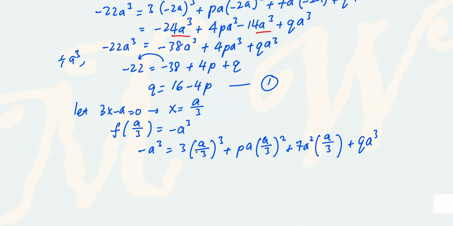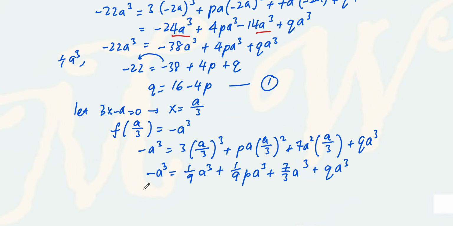Okay, then now simplify. So for the right side, the 3 and 1 over 3 cube, that is going to be 1 over 9. Then here is going to be 1 over 9 pa cube plus 7 over 3 a cube plus qa cube. Okay, left side negative a cube. And now divide the whole equation by a cube first.